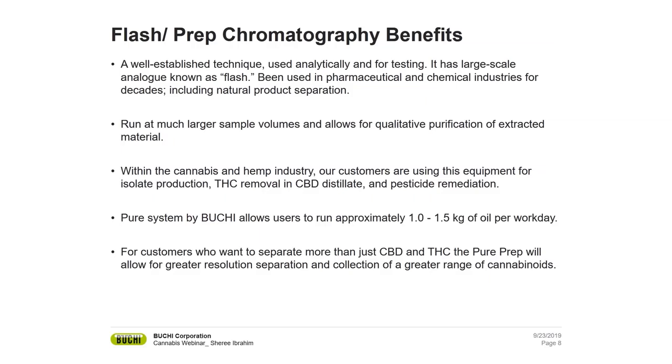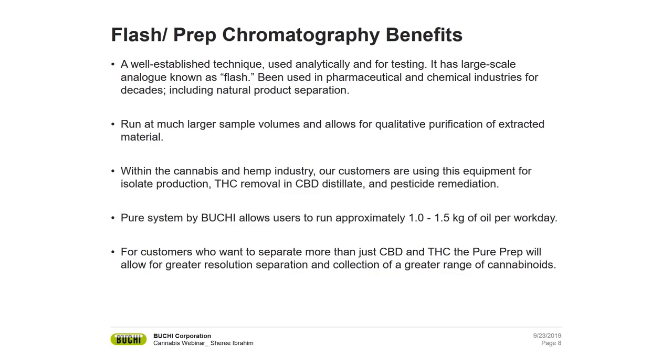Within the cannabis and hemp industry, our customers are using this equipment for isolate production, so THC removal and CBD distillate and pesticide remediation. Our Pure system allows the user to run approximately 1 to 1.5 kilos of oil per workday. And per workday means 8 to 10 hours.